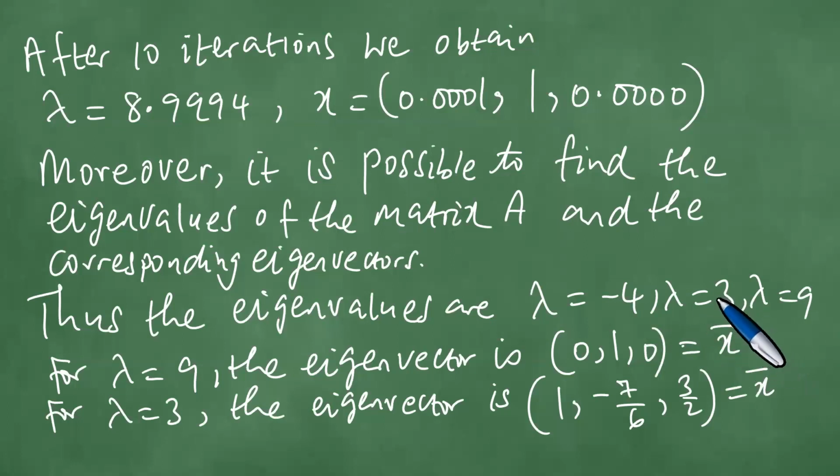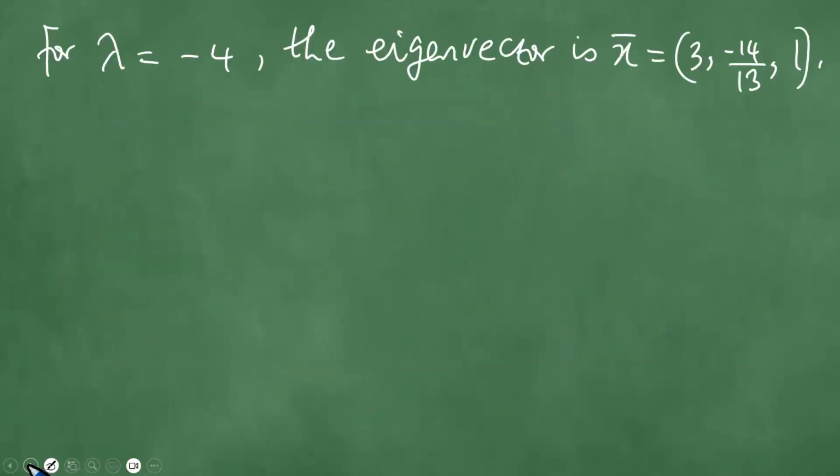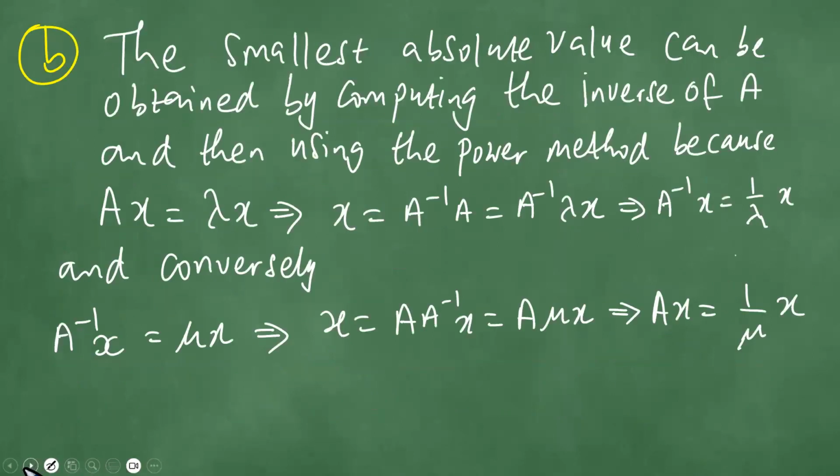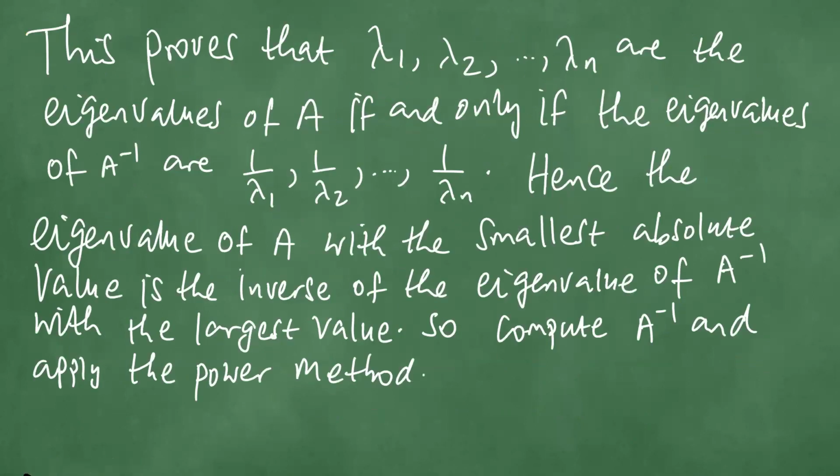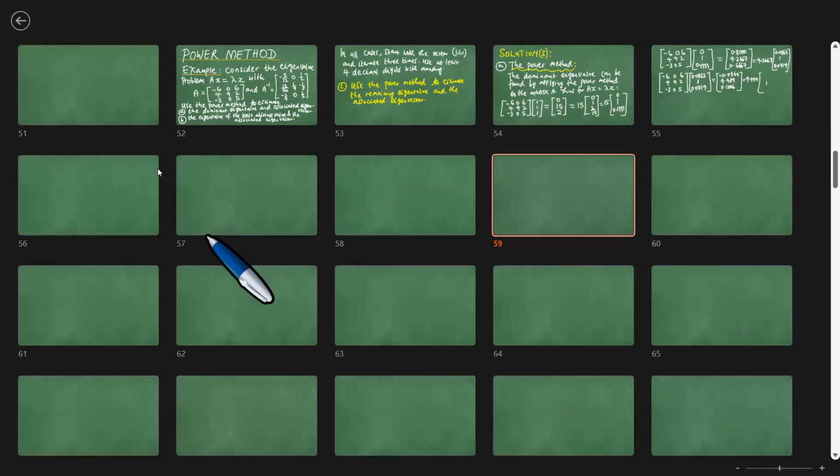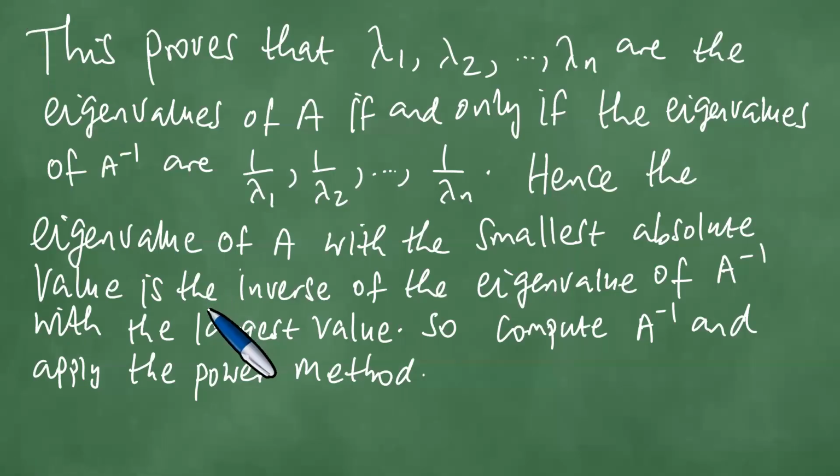So the 2 point something was getting closer to 3. If you could do up to 10 iterations, you could get very close to 3. So indeed, the power method works wonderfully. It converges to the correct one. Using the power method, we do not have to find the eigenvalues. We can just use the power method all the time to estimate.